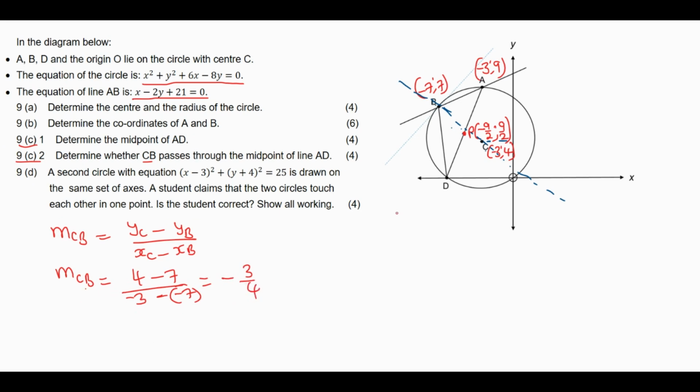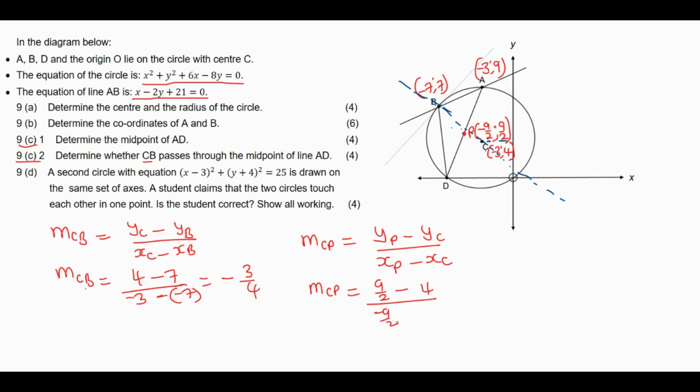Then let's find the gradient of CP. Gradient of CP, m_CP, will be equal to y at P minus y at C over x at P minus x at C. Y at P is 9 over 2, or you can use 4.5, still fine, minus y at C, which is 4, over x at P, which is negative 9 over 2.